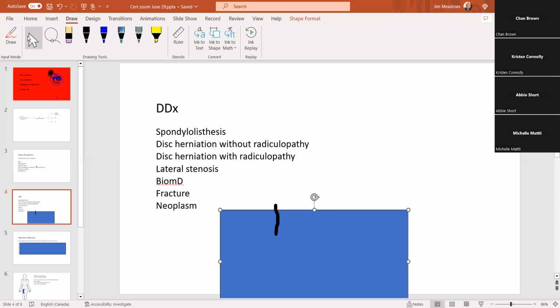Jim, when you're talking about biomechanical dysfunction, expand on that a little bit more for me, please. I don't want to really get into this right now, but biomechanical dysfunction is what we're teaching now. The easiest way to think about this is a dysfunction that you can treat with manual therapy. So the potential of a gluteal referral would fall under that category. Generally speaking, the typical biomechanical dysfunction won't have much in the way of referred pain.